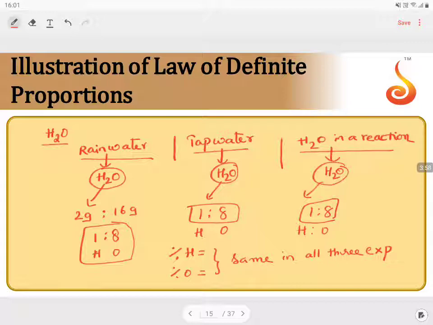So what definition can I state? A compound always contains the same elements, for example hydrogen and oxygen, in a fixed proportion by mass, a 1:8 ratio by mass, irrespective of the method of preparation. I am not concerned whether it is rainwater, tap water, or water in a chemical reaction. It does not change.